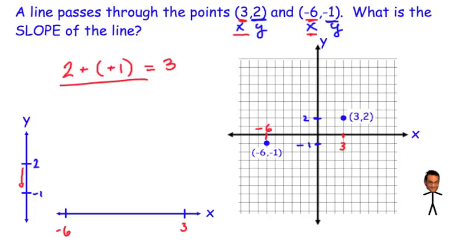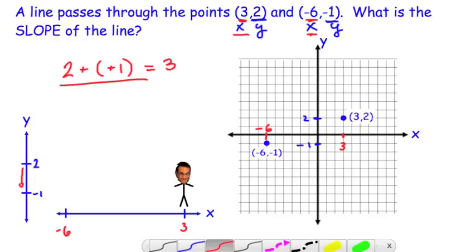And remember, all Mr. Eckert's doing is walking from here to here. So instead of counting it out, let's just subtract. 3 minus negative 6. We just did this. Minus a negative becomes a positive. 3 plus 6, 9.